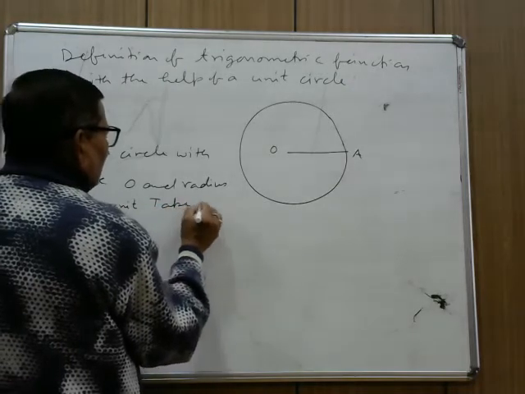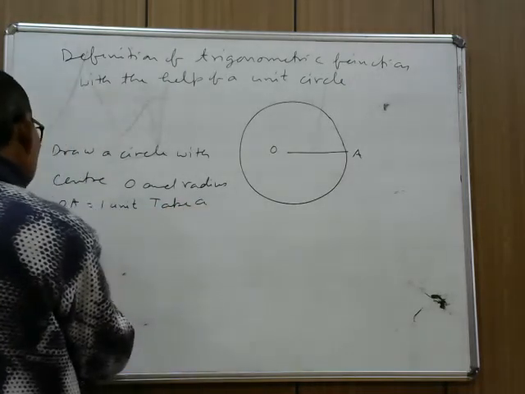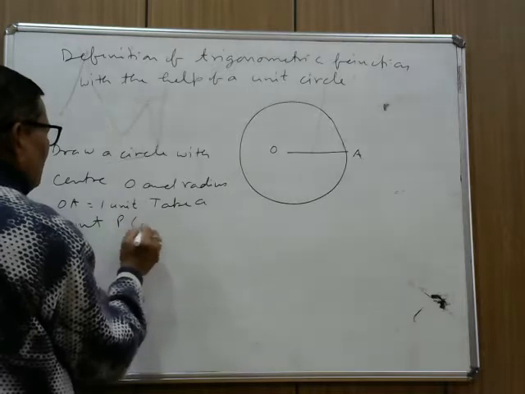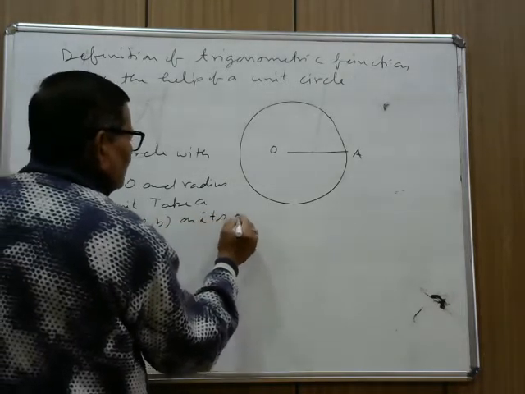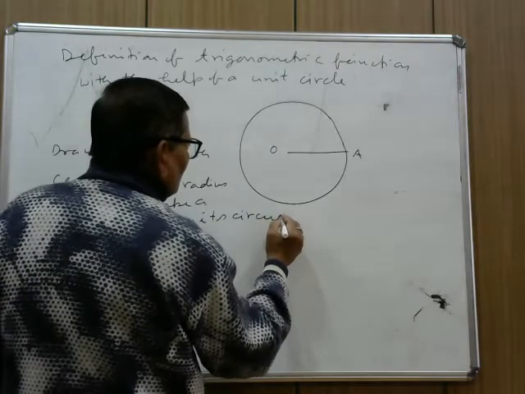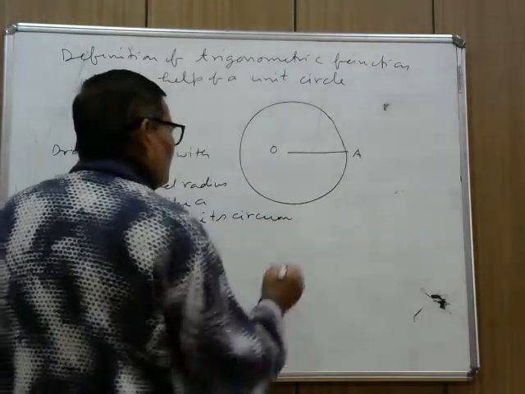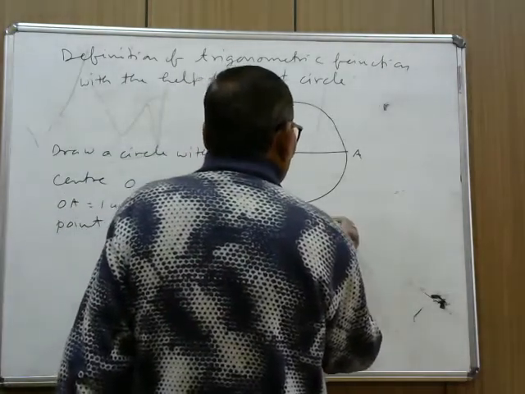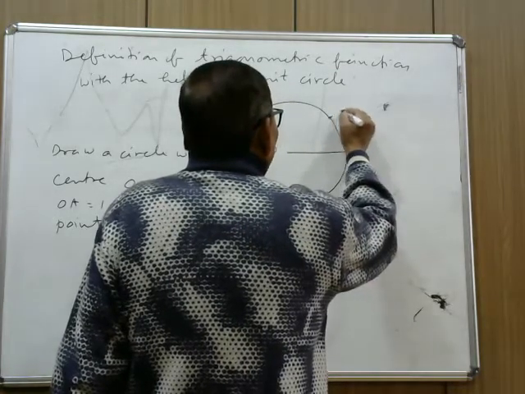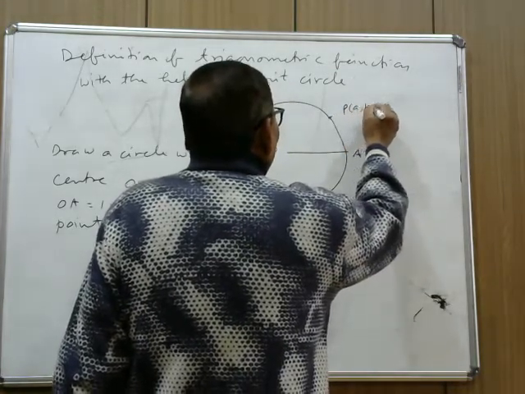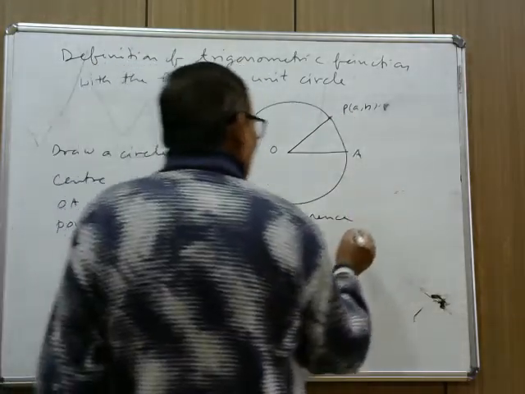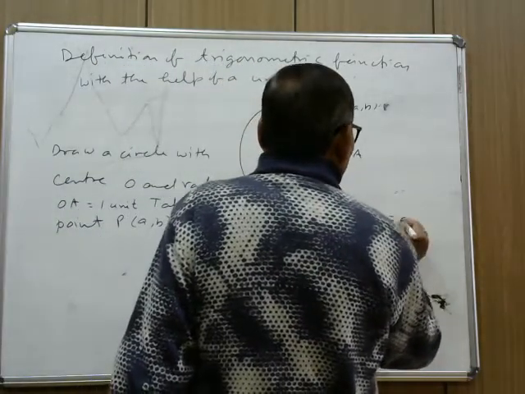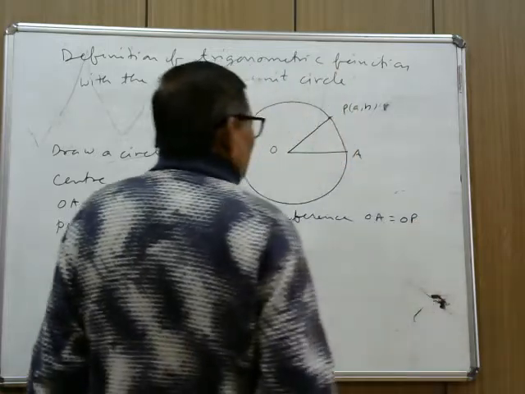Take a point P on its circumference. This is the point P. So you join OP; OA equals OP. OA and OP are equal.